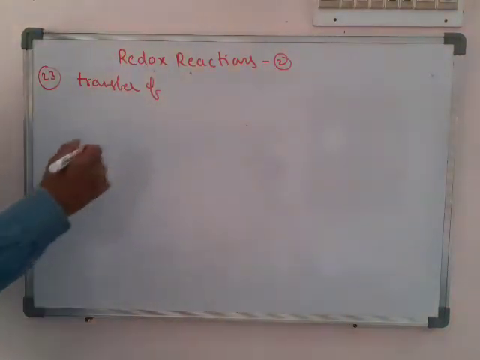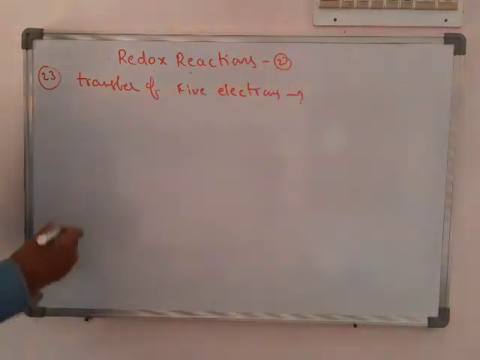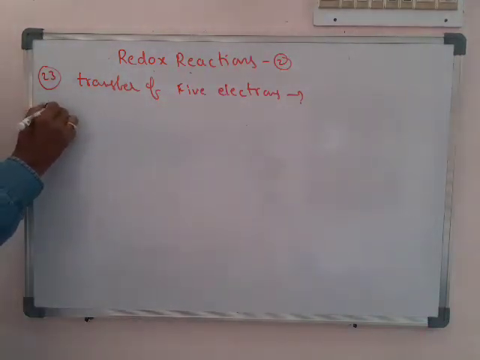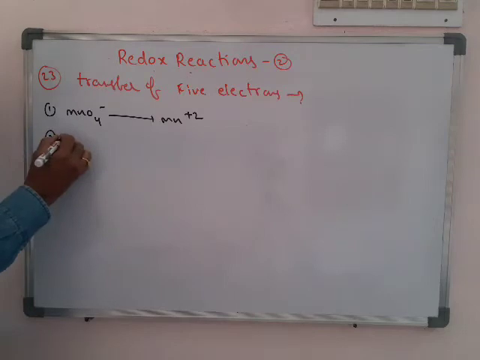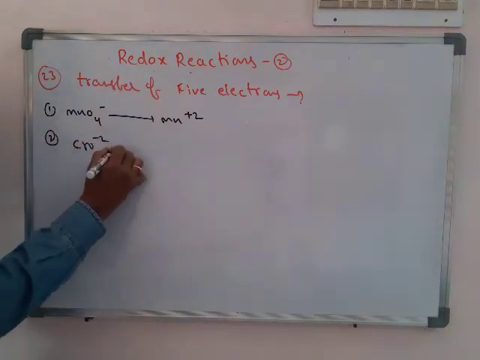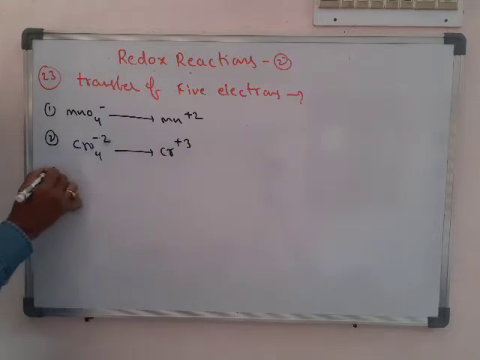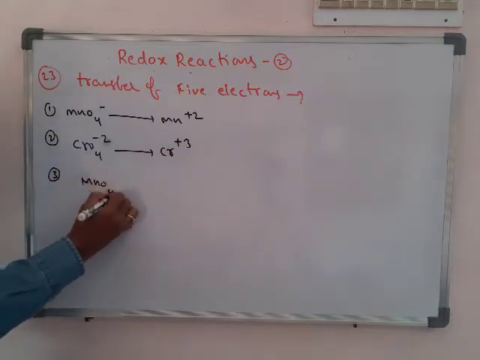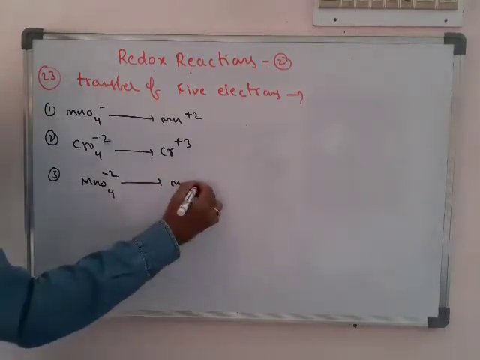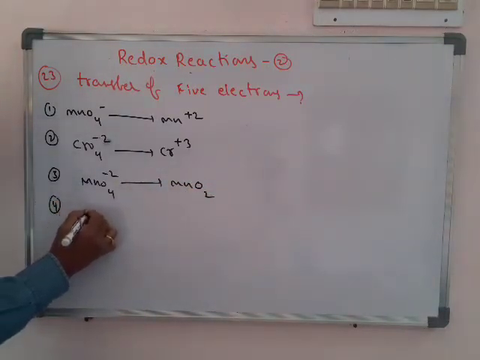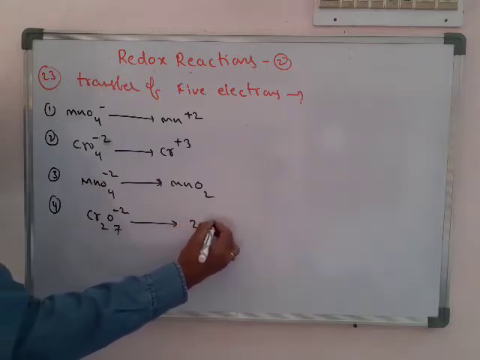The given options are MnO4 minus going to Mn plus 2, CrO4 minus 2 chromate going to chromium ion, MnO4 minus 2 going to MnO2, and Cr2O7 minus 2 giving 2 Cr plus 3.